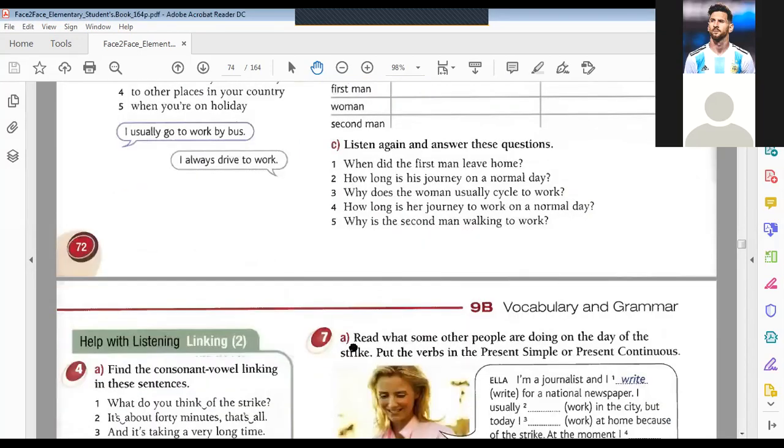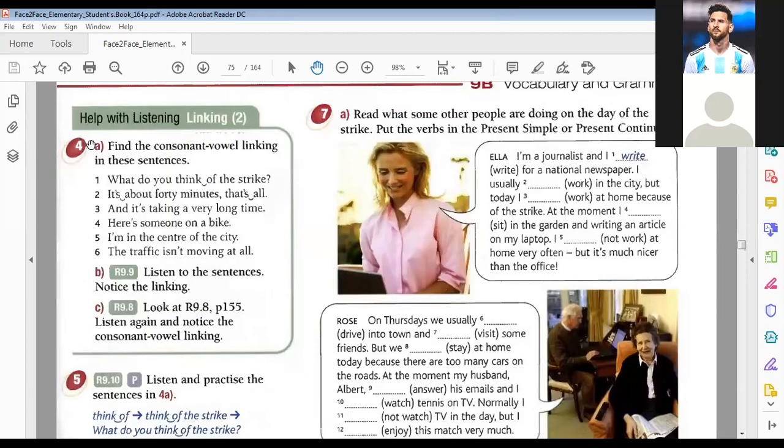Here in the second part, we have number 4. We have a little bit of linking. Okay, we will listen to this again. It says find the consonant vowel linking.